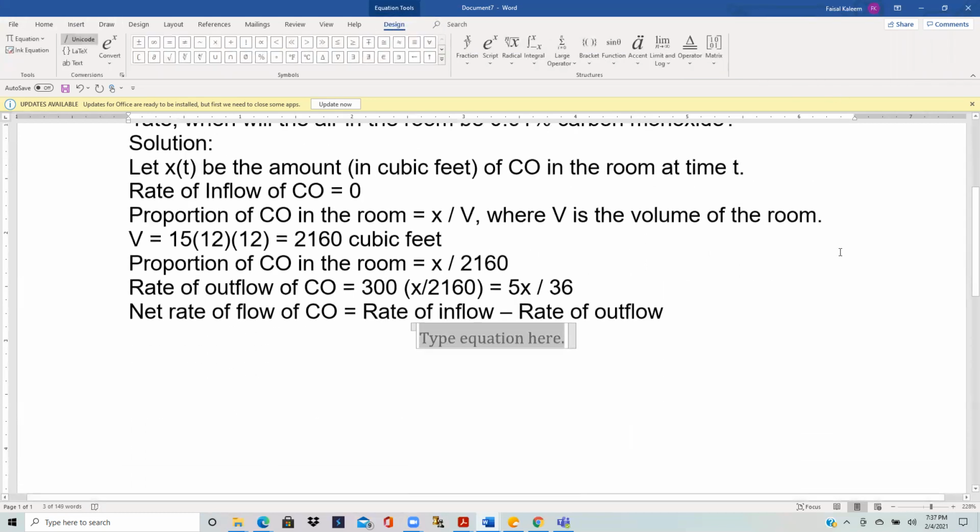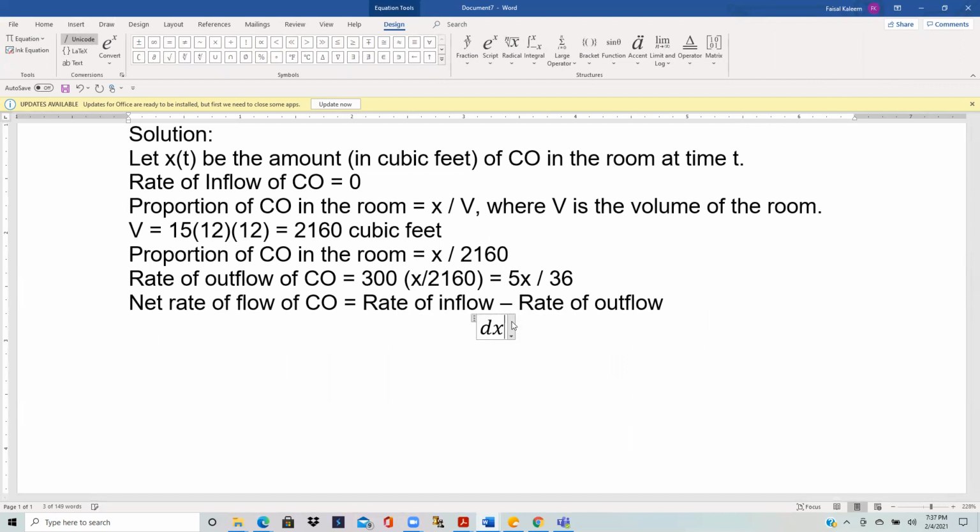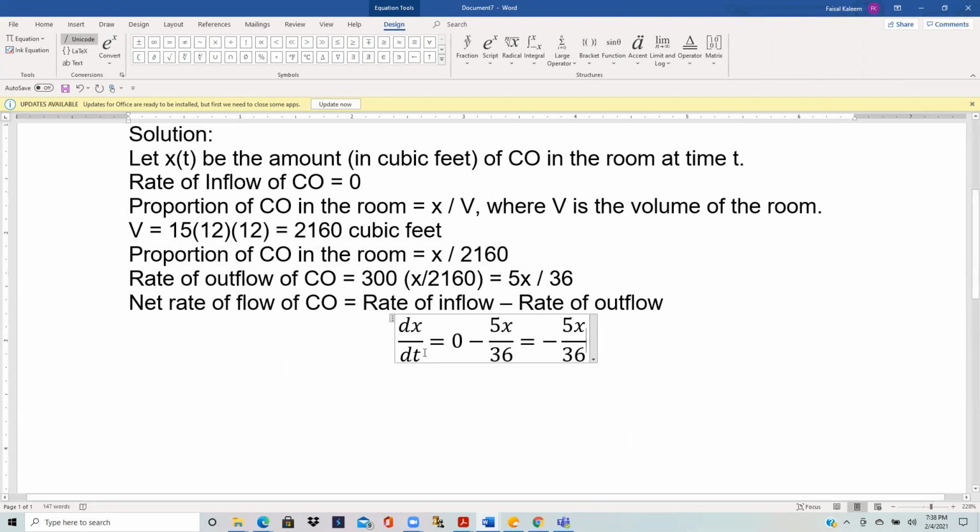The net rate is dx by dt. Inflow is 0, outflow is 5x by 36, so dx by dt equals negative 5x by 36. This one is really easy to do by separation of variables.